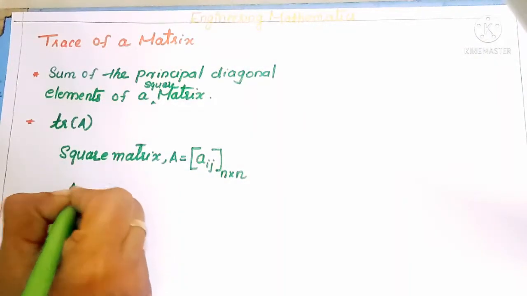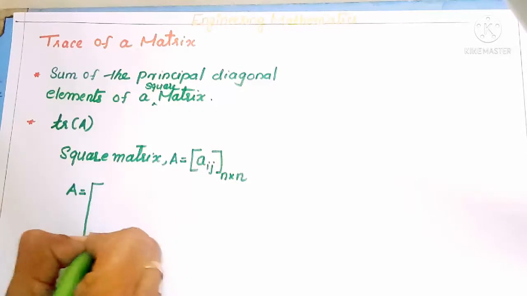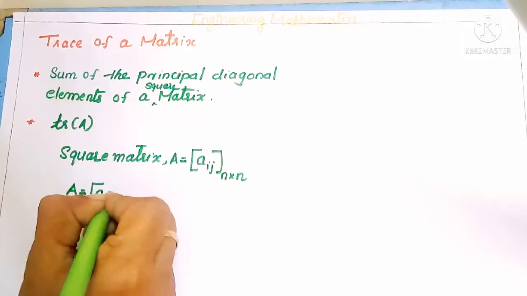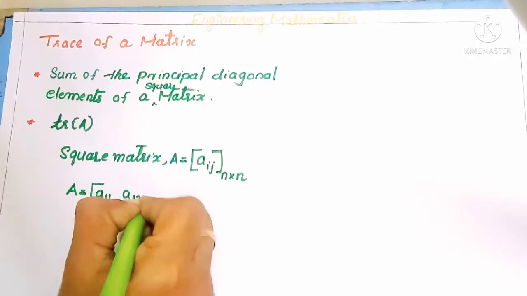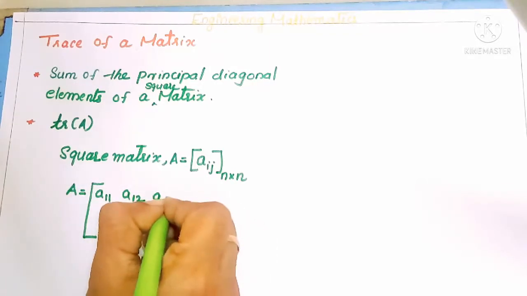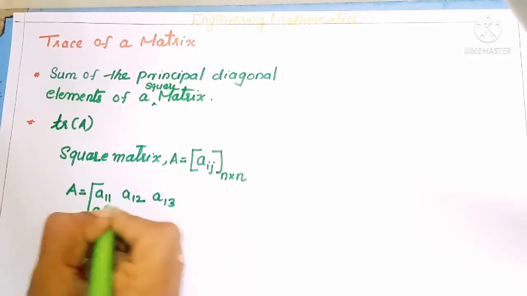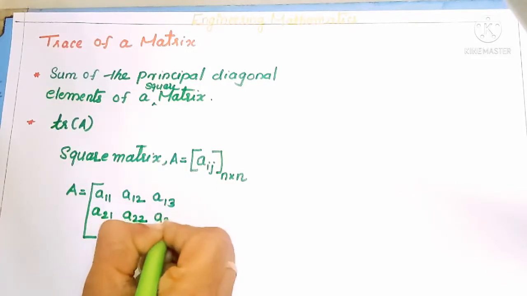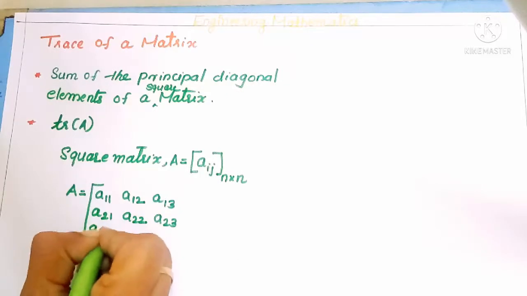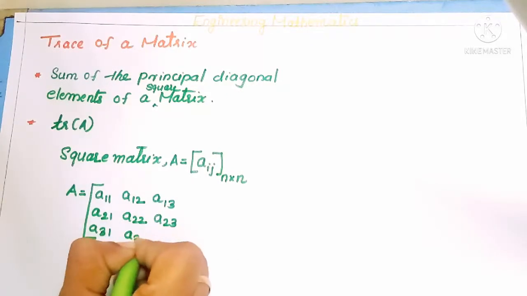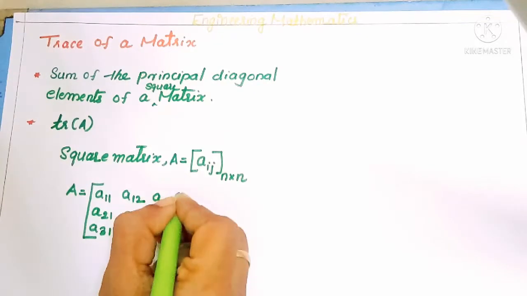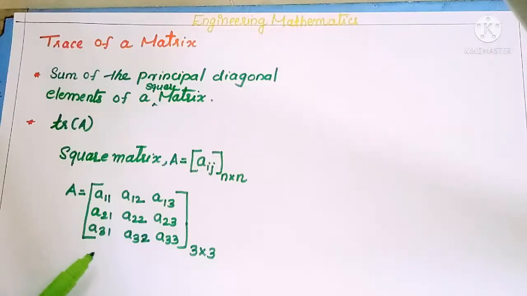Here I am writing a 3 by 3 matrix: A11, A12, A13, A21, A22, A23, A31, A32 and A33. This is a 3 by 3 square matrix.